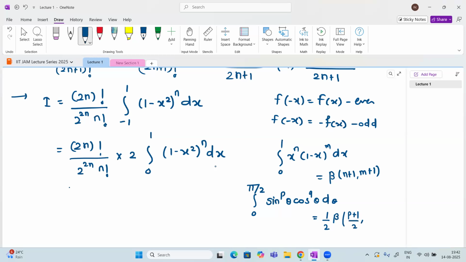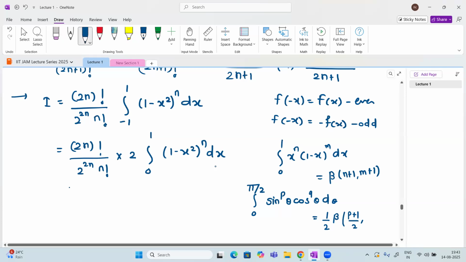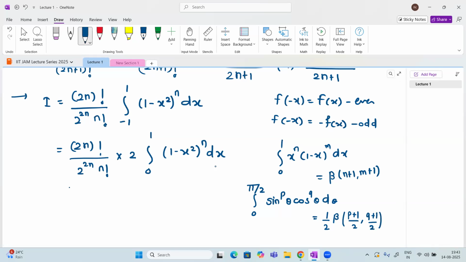Actually, you are saying the same when you write 2m minus 1 and 2n minus 1, in that case you are correct. But I have already written p and q, so I'm writing it in this way. Agree with me?